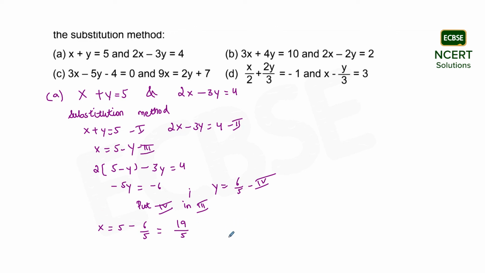So from here, the value of (x, y) will be equal to (19 by 5, 6 by 5). So this was about the variables x and y for part A of the question, and this has been solved by using the substitution method.